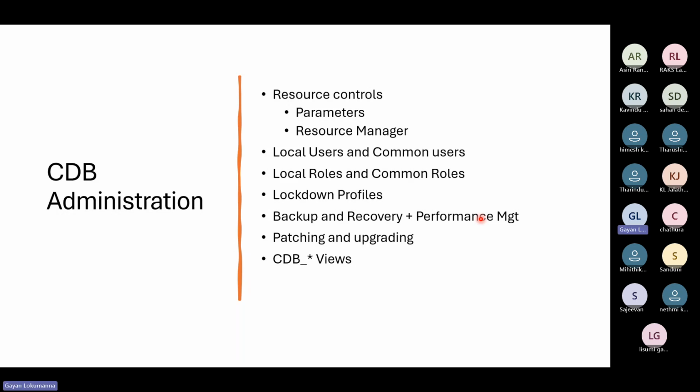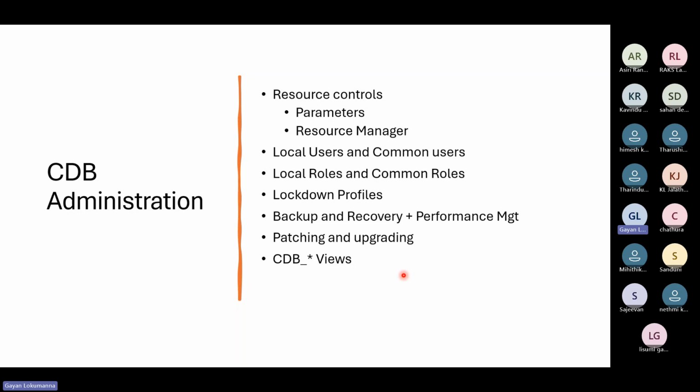Okay. And then we have this new data dictionary view called CDB underscore. I think I showed you one example earlier, CDB underscore data files. When I say CDB underscore data files, it will give you, at a container level, the underlying data files that we have. So I'll take a different example. Let's say CDB underscore tables.